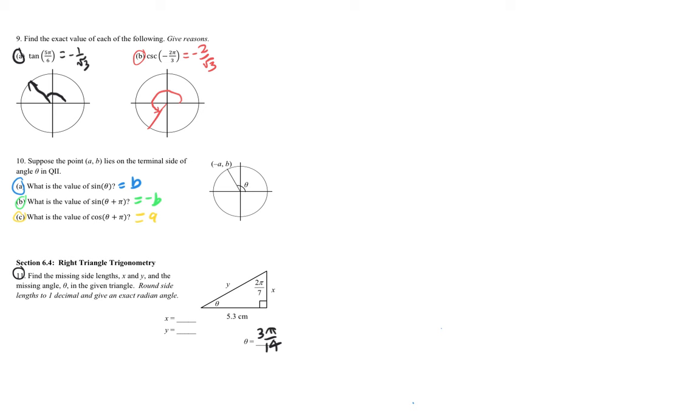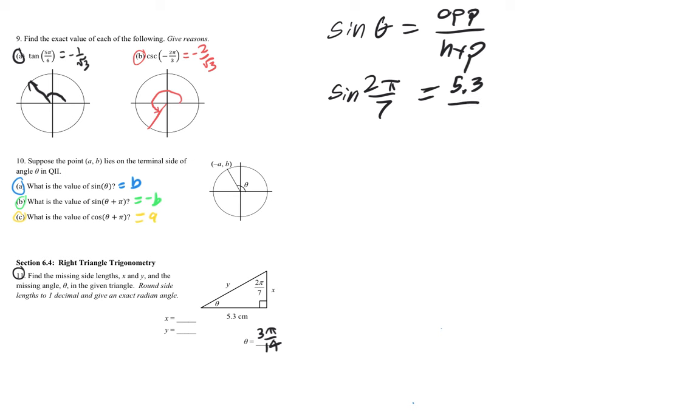So let's move on to the side lengths now and start by trying to find our y value. So we know sine of theta is equal to opposite over hypotenuse, right? So sine of 2 pi over 7 is going to be equal to our opposite side of 5.3 over our hypotenuse of y, right?